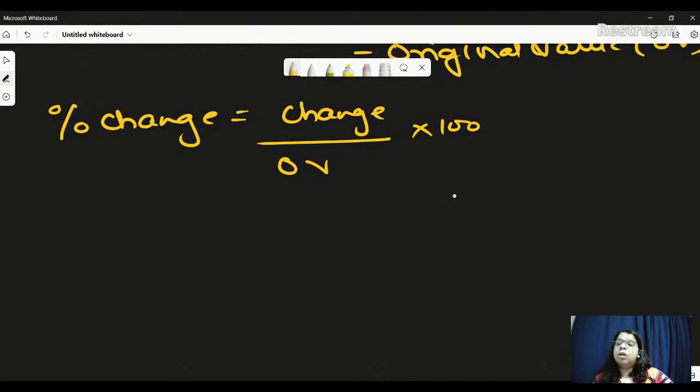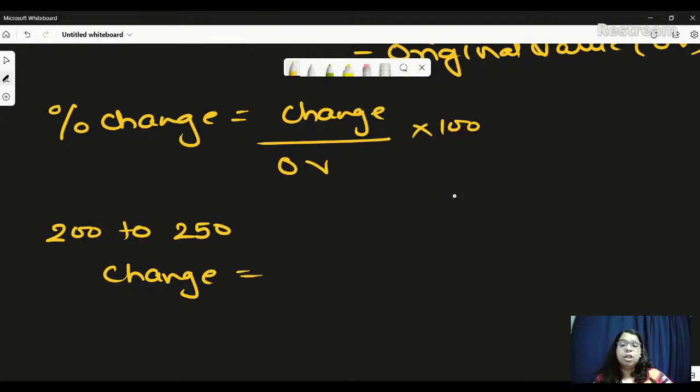So let's say a quantity changes from 200 to 250. What is the percentage change? First we will calculate the change. Change is final value minus original value. So our final value is 250 minus original value 200, which is equal to 50.